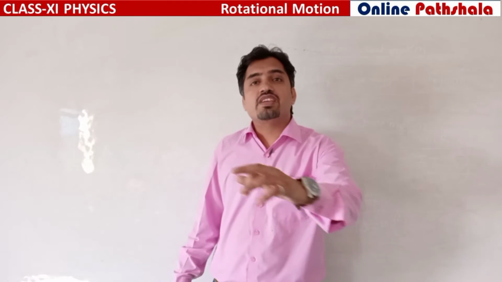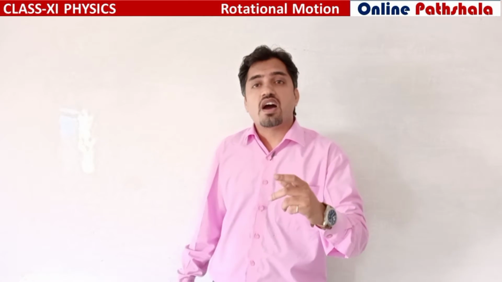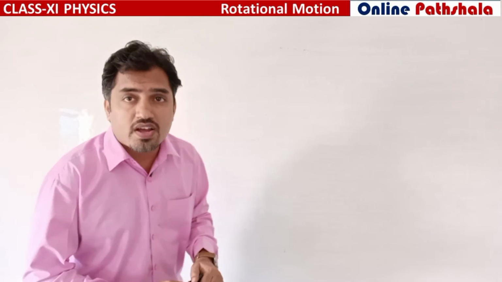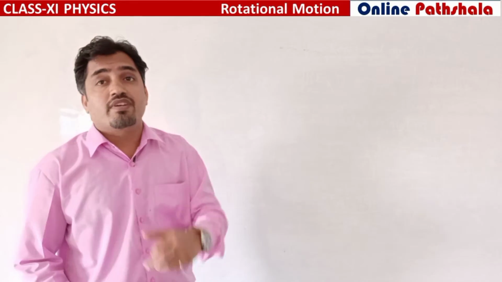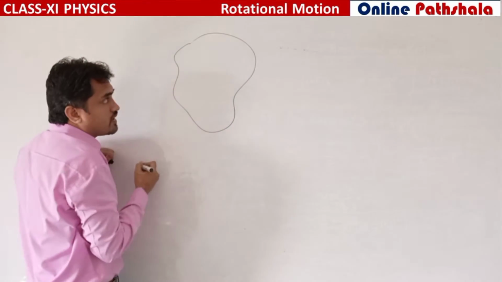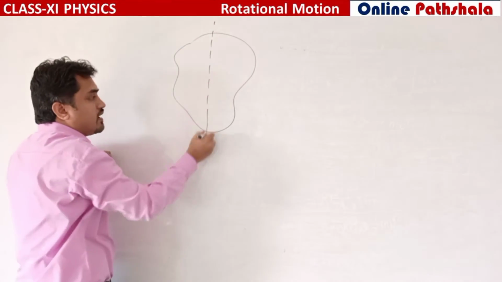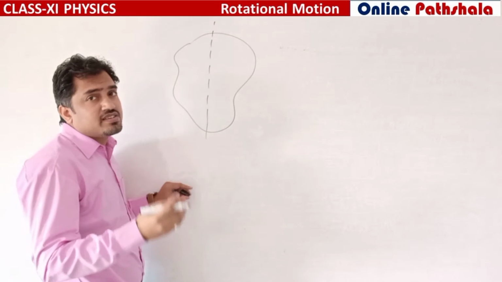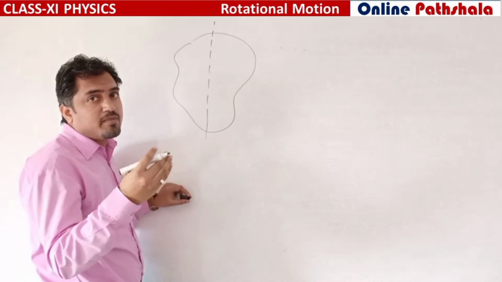The rotational kinetic energy is 1 by 2 I omega square. How can we derive it? Let us consider a body, and we can consider some differential masses.